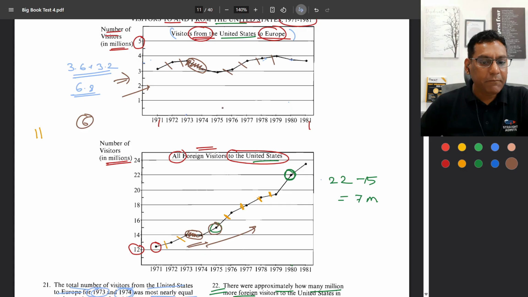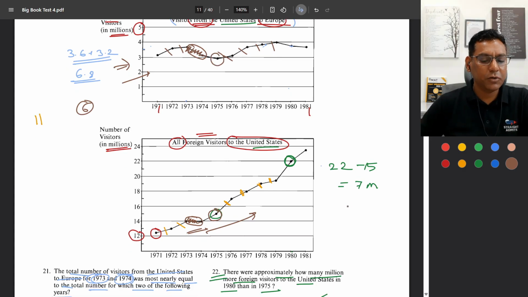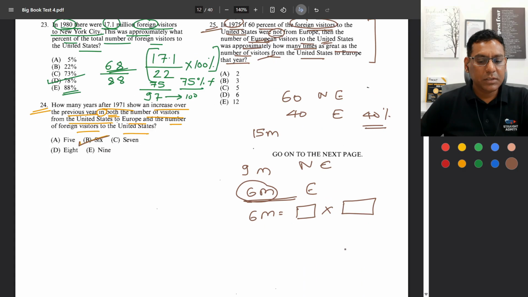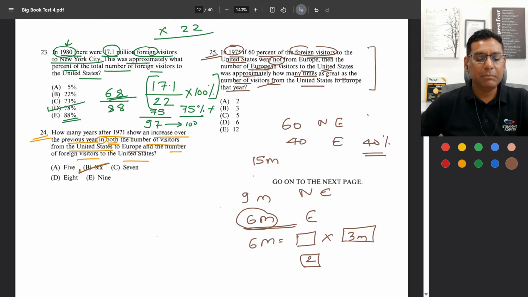How many came from the US to Europe in 1975? 3 million approximately. So 6 million is how many times 3 million? 2 times. It's a little complicated to plot exactly what they're asking, so you'll have to be very careful about what you're doing. So the answer is going to be answer choice A.